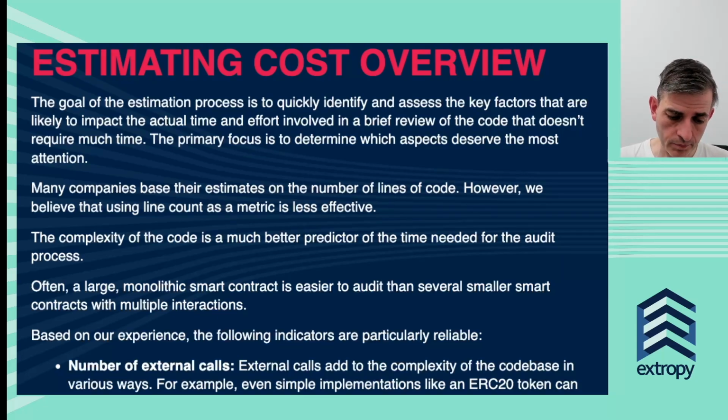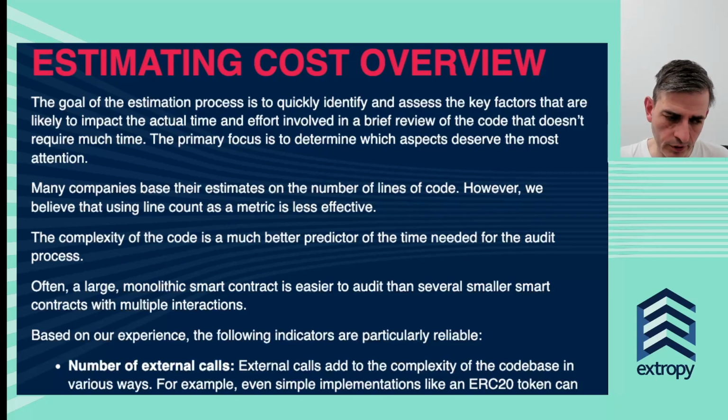Now, there is one approach that some companies use, which is to look at the number of lines of code and maybe quote a number of dollars per line of code. I don't think that's a good metric.